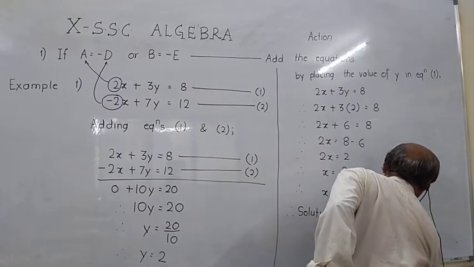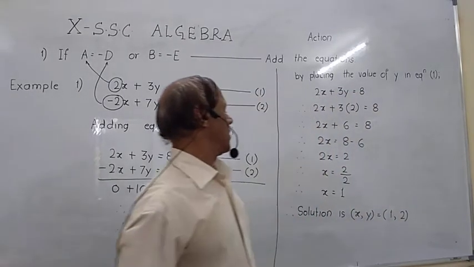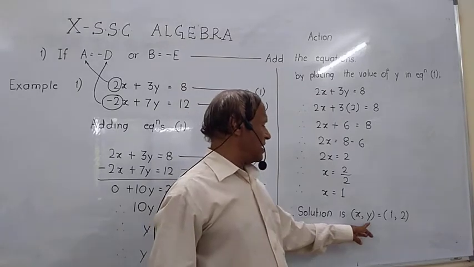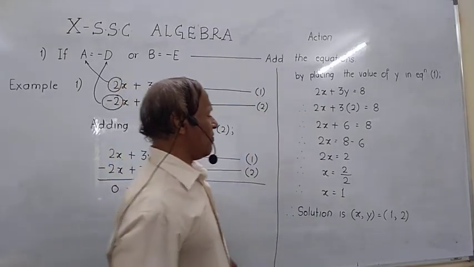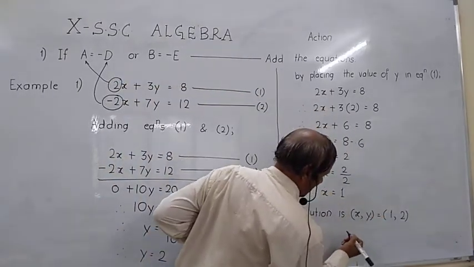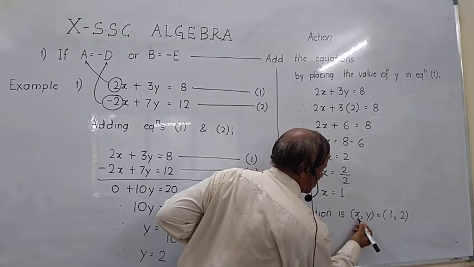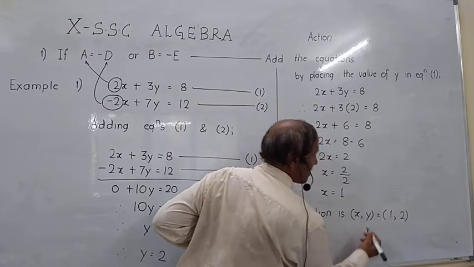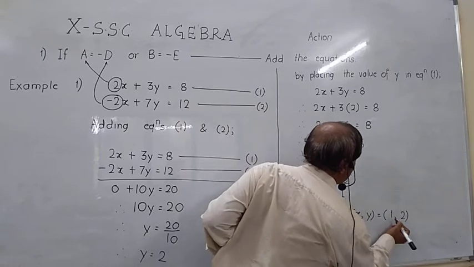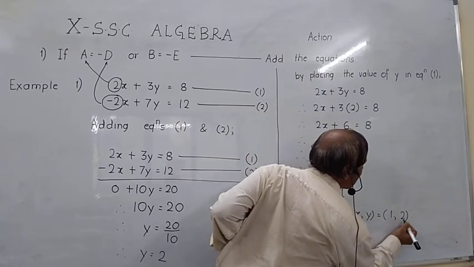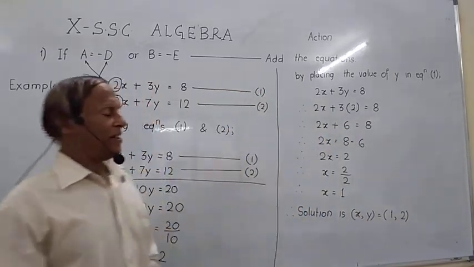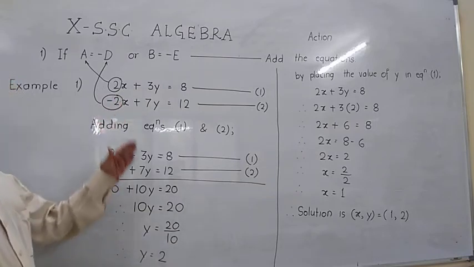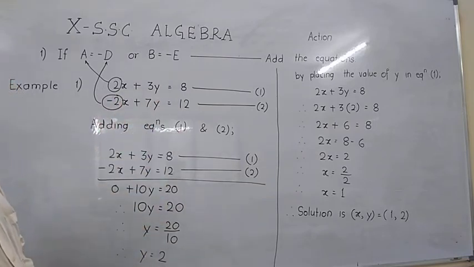We should not change this sequence because it is customary to go in the order of alphabets. In alphabetical order, x is first and y is later. Therefore, the same way you have to write the value of x first and then the value of y. So, this is the solution of your equation. This was our own example.